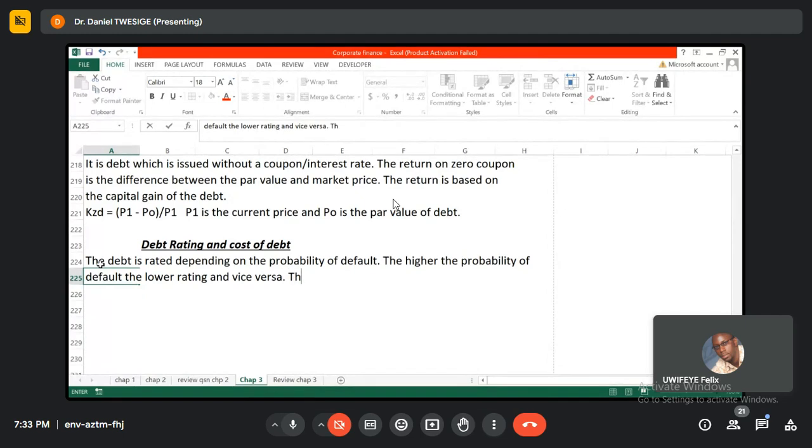So the risk associated with the probability of default is measured by a credit spread.